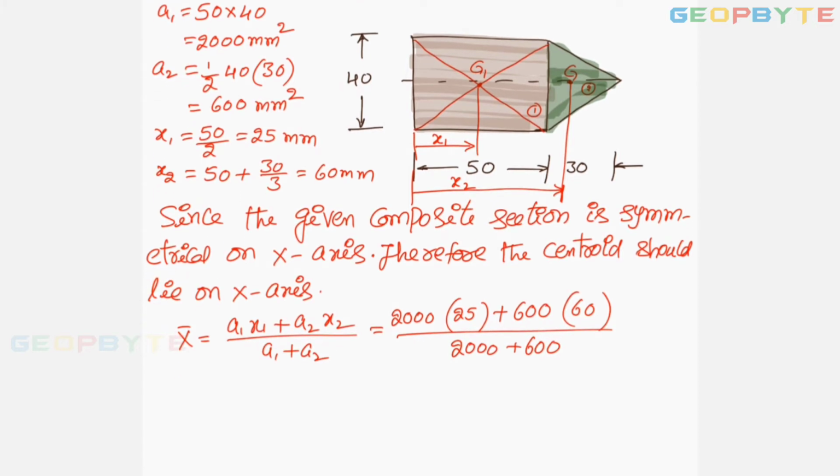Simplify this value for getting x bar around 33 mm. That is the x bar. I hope you have understood. Let us take one more section.